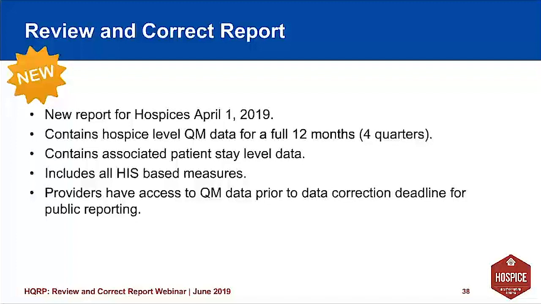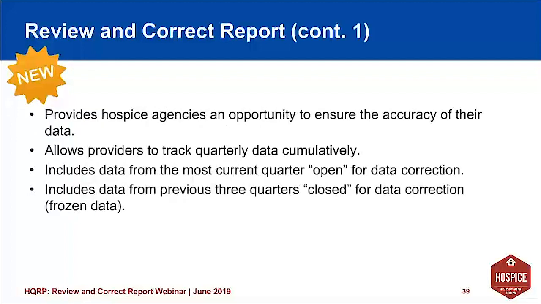They also contain the associated patient stay-level data. They include all HIS-based measures, and providers have access to the quality measure data, and this is important, prior to the data correction deadline for public reporting. That's not for every quarter of data that's included on your report, but I'll talk more about that as we move through the slides.